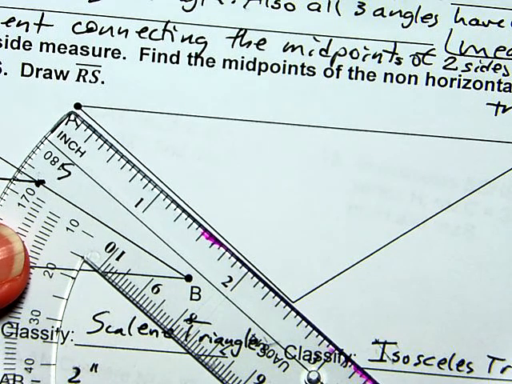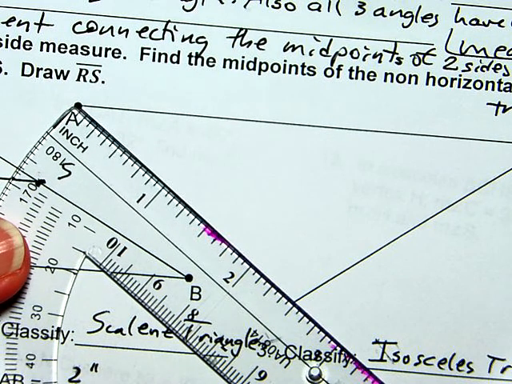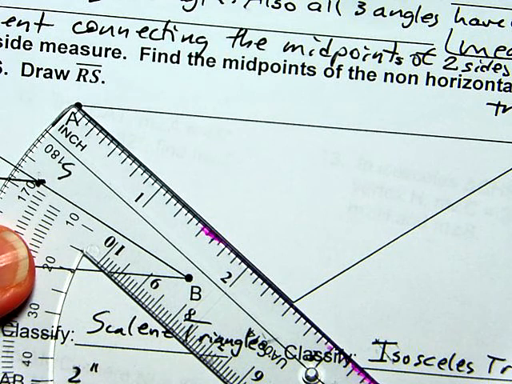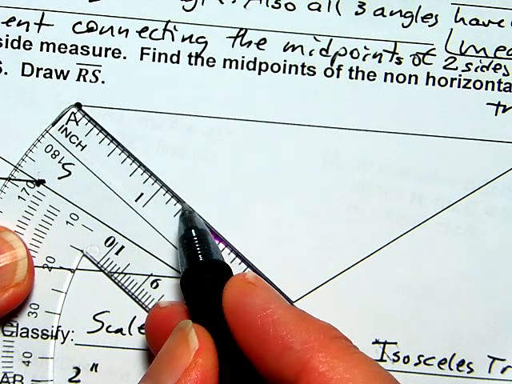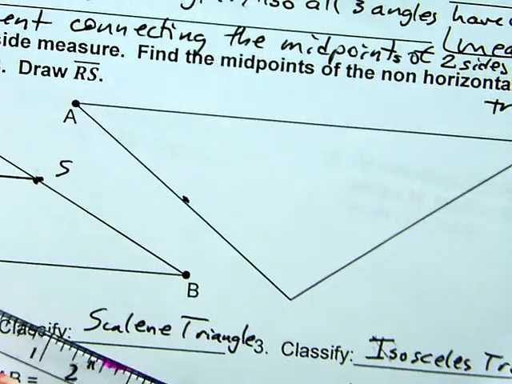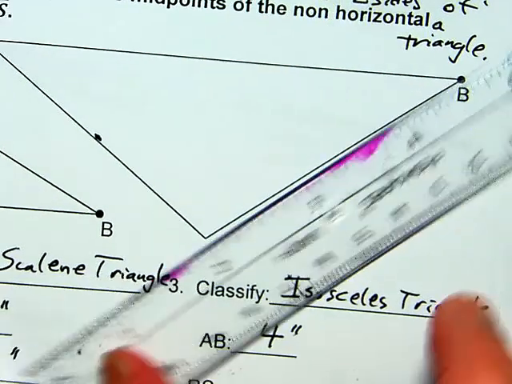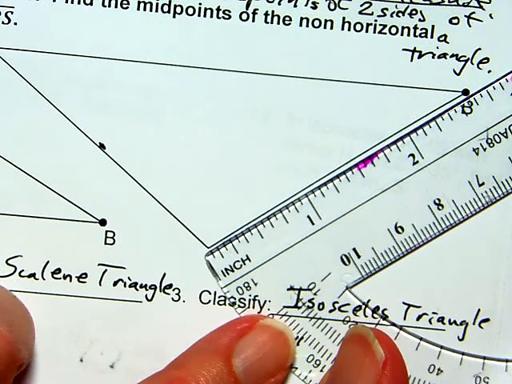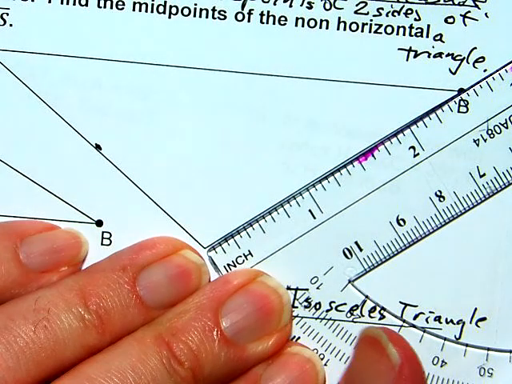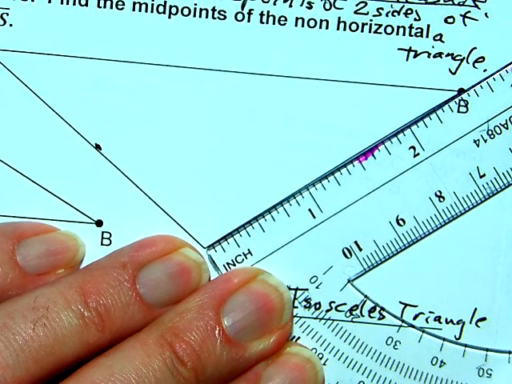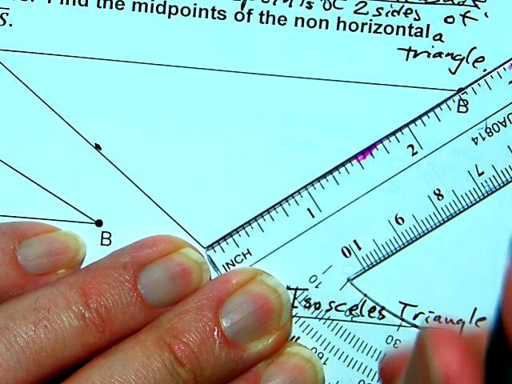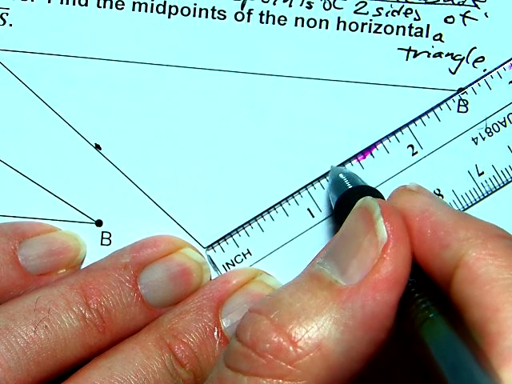So 1 1/4 inches away from either end would give us the midpoint. Let's go ahead and find where 1 1/4 inches is. It would be right over there. And we know the other side is the same length, so we would look again for 1 1/4 inches. Of course, it doesn't matter which side we're measuring from, because this is in the middle. Now let's make a dot here at 1 1/4 inches.